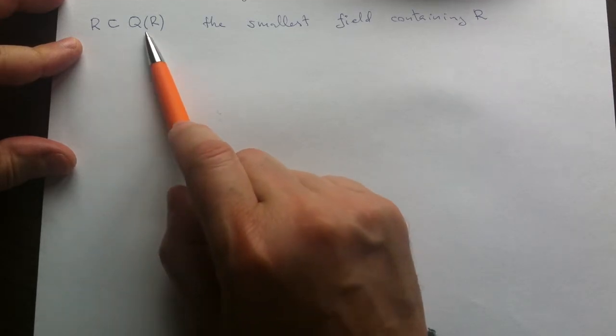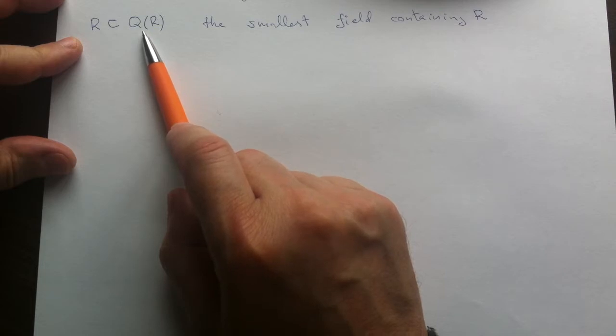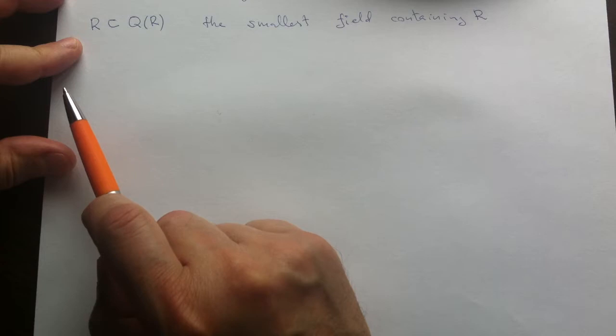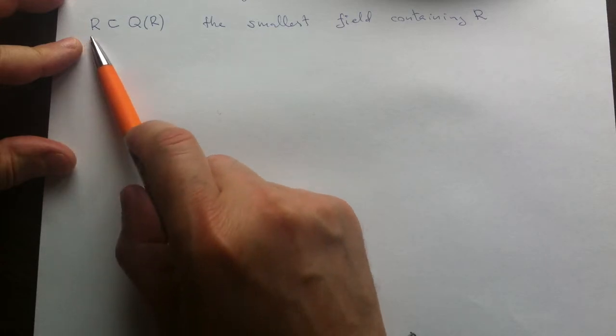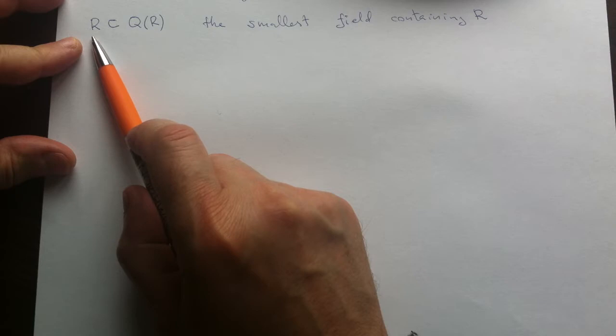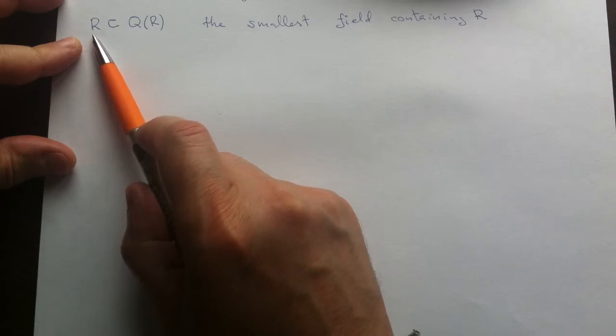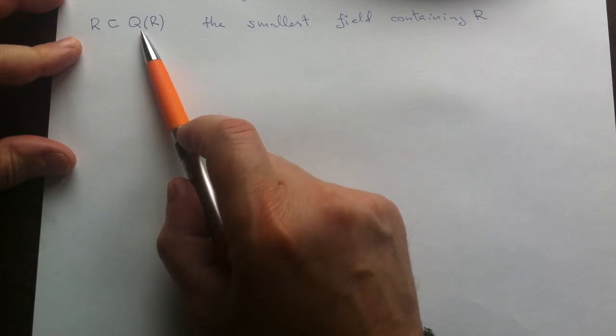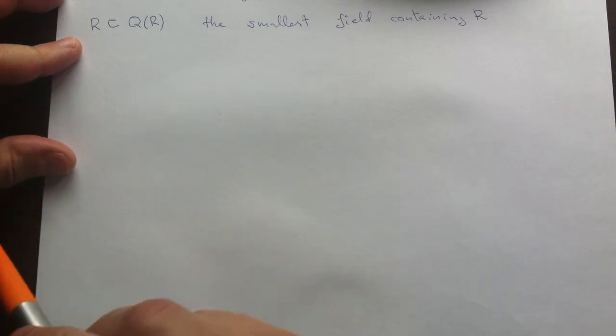R. So we want it to be sitting inside a field. Not all rings can sit inside fields. Not all commutative rings. The obvious restriction is that R should not have zero divisors, because there will be no zero divisors in a field, and that would be a contradiction.